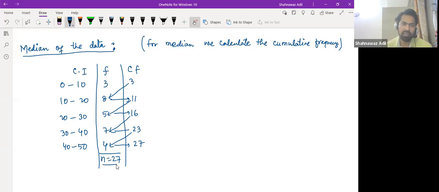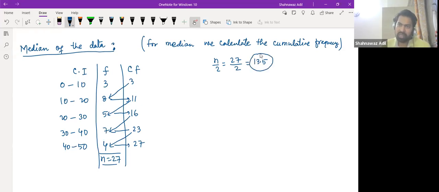And to calculate the median, we check where is the center of this frequency. So n by 2 we calculate. N by 2 is 27 by 2, and this is how much? 13.5. Right, Rifa? So we divide n with 2 and then we get 13.5.